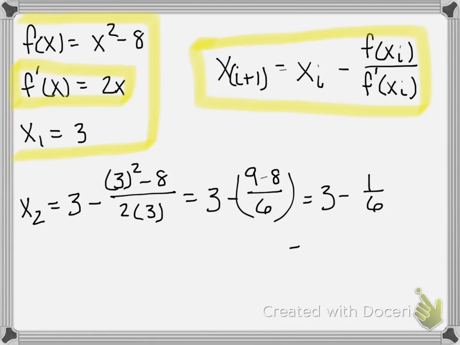And that is the same thing as 18 over 6 minus 1 over 6, which is equal to 17 over 6. Alright, so we just found our x2, and it's told us to calculate up to x3, so we just go through and repeat the process again.